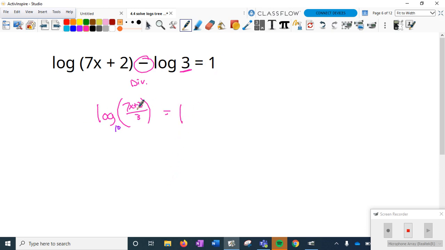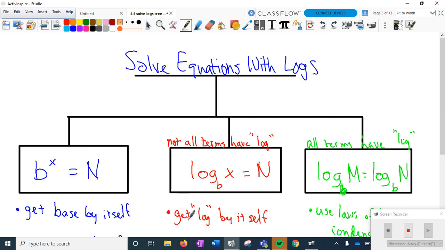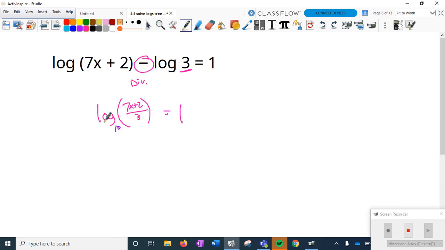This is the point where if I get it to be log equals a number, I've got the log part by itself now. I can't ignore that log. I have to convert that log. Like I showed you, when I have log form, I can turn it into exponential form, remembering that log bases and exponential bases undo each other.